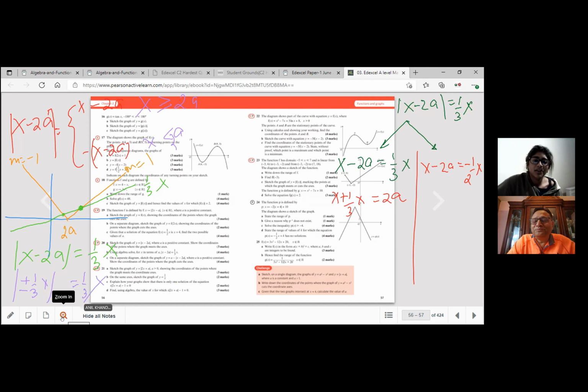Does it make sense to you? Wait, so why don't we always do that piecewise thing? There is no need. What we do is split the function into those two arms and individually solve the two of them.